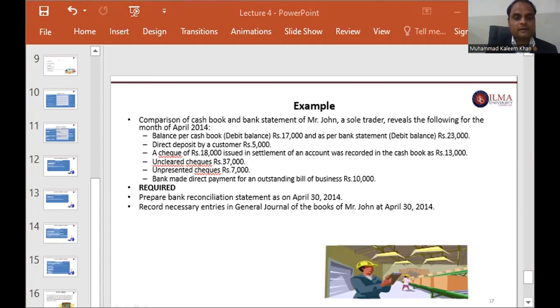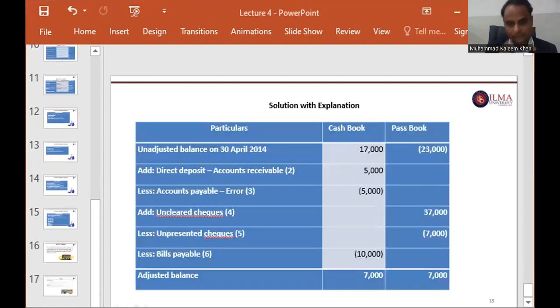Here is a solved example solution with explanation. Now I'm going to explain the solution. $23,000 is the negative balance of the passbook or bank statement.